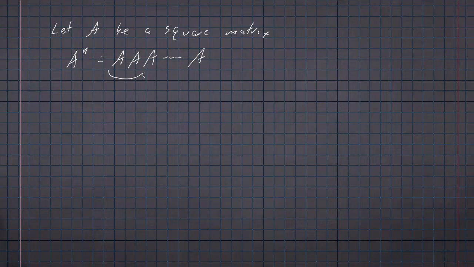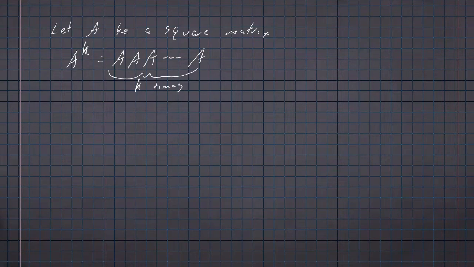In order to do that, we have to go back and think about a couple of other things we can do with matrices in general. The first thing we can do is handle exponents on matrices.